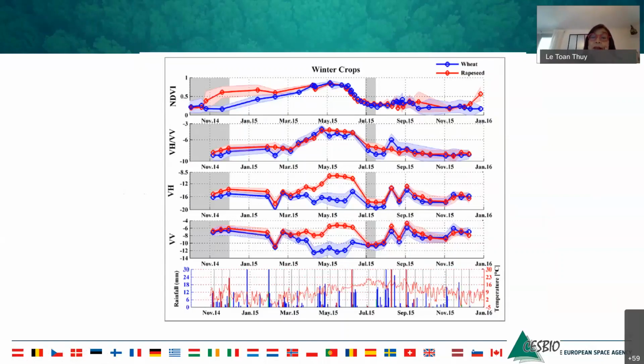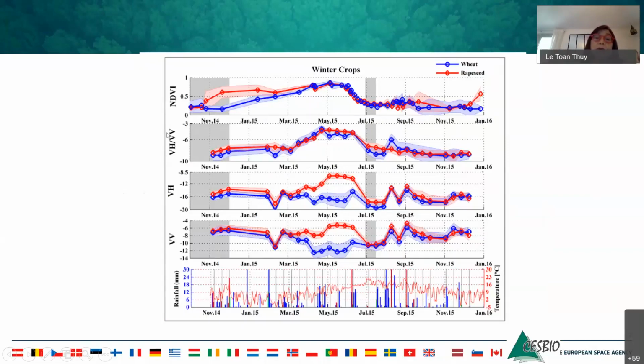Reversely, the rapeseed is quite dense, so the soil return is not dominant. It's vegetation dominant, and so it increases with the vegetation. Also, two interesting things.